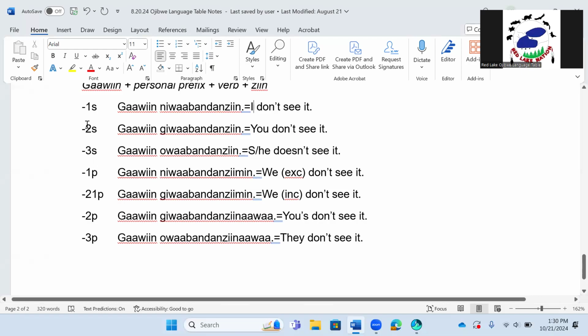All right. And so those are the positives. We put a negative on the front. We know negative 1S is a negative I don't statement. I can't statement.